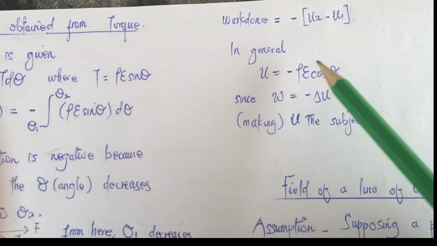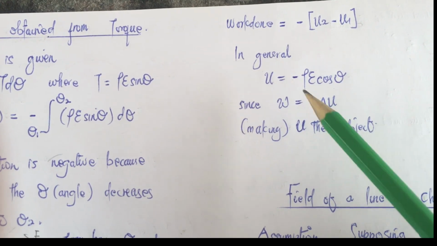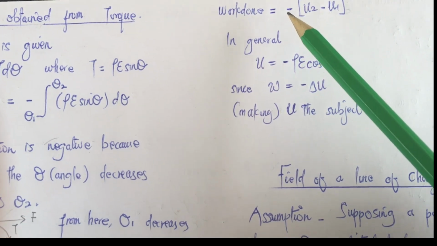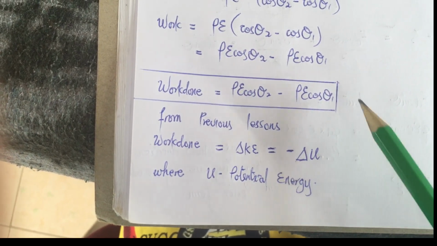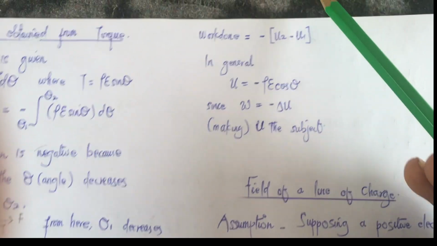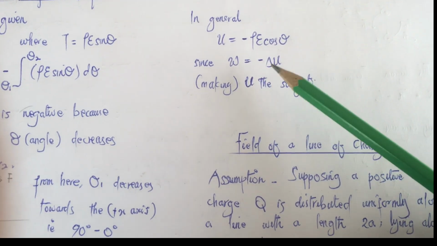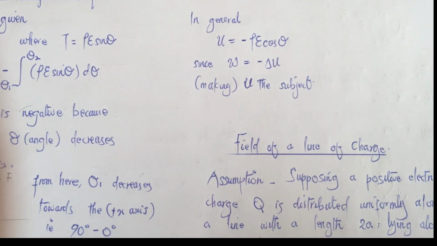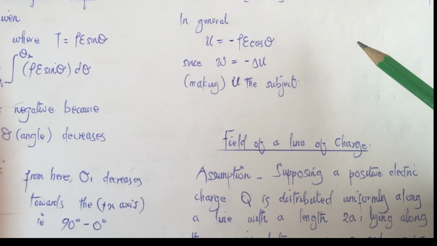In general, our U, the potential energy, is equal to negative PE cos theta. Because of this negative here, everything here gives PE cos theta, but because this negative is multiplying, we get negative PE cos theta. Hence, our work done is equal to the negative change in potential energy.